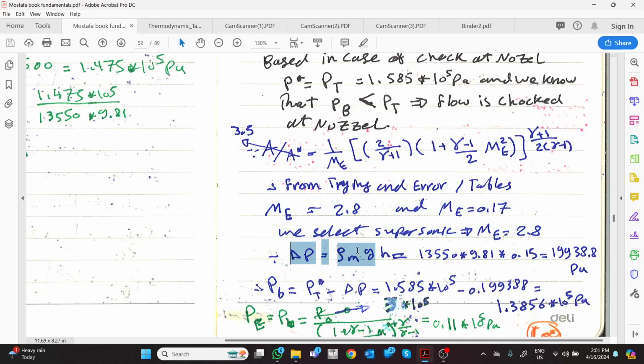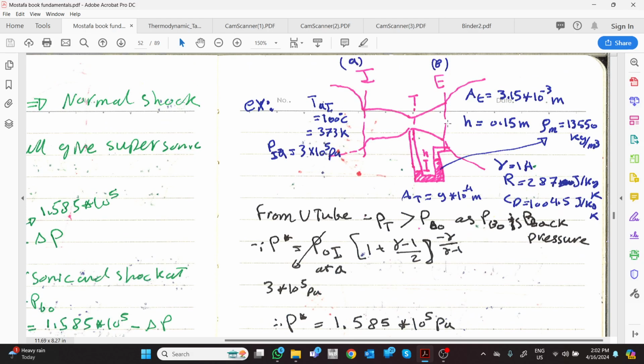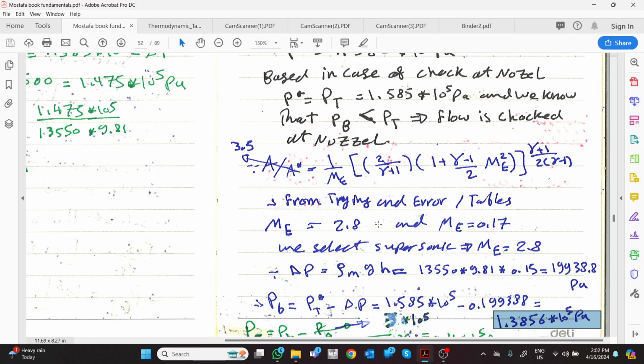Because delta P I know, rho g h, and I know that back pressure equals P star minus delta P. So back pressure is this one. Then stop. If back pressure is equal to this one, I need to calculate the pressure at the exit and compare it to the back pressure to know if there is a normal shock or not. So is my assumption correct or not?